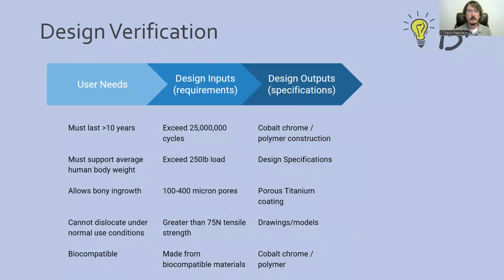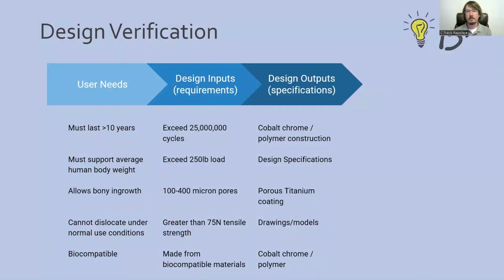We're already doing it. You can see here how we've connected the dots between user needs and design input prior to this, but now we've taken a step further and connected each design input to a specification of the device that we ended up creating. Here's an example of a list of design output.